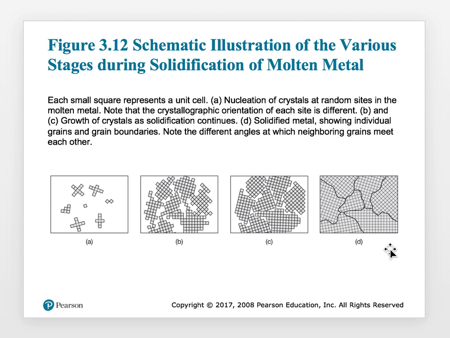Okay, so when that happens, first it starts creating nucleuses. So it starts solidifying at multiple locations in that pool of molten metal. And then slowly those sets of atoms will solidify in specific locations in that pool of molten metal.